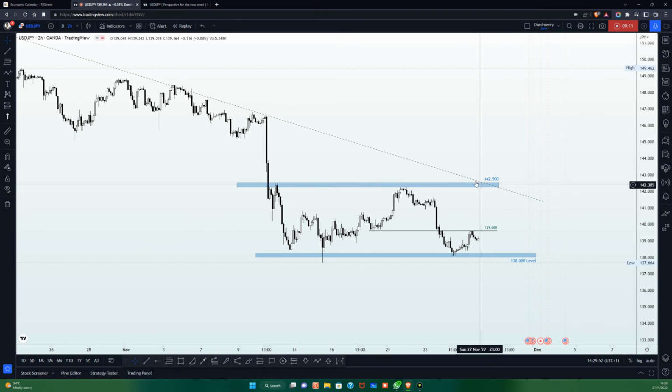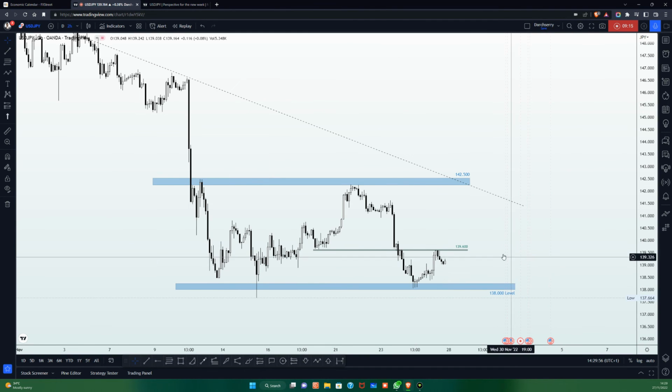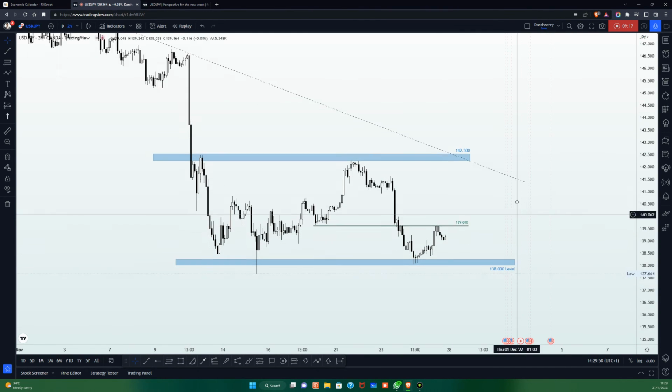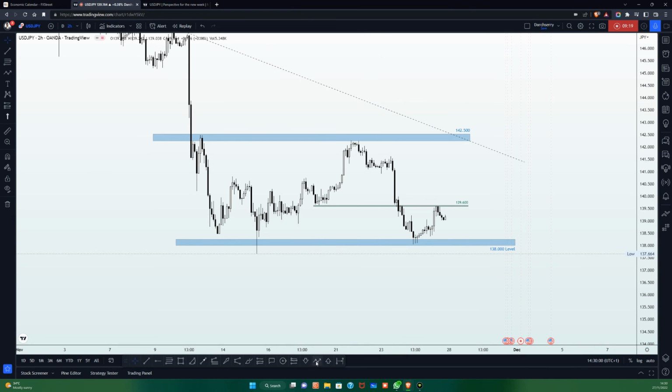If that was the case, well, I was able to identify a structure right here around the 139.600 area. After looking at this impulsive move that started last week, we saw this bearish momentum. We saw the rejection of the 138. Price came into the 139 area.